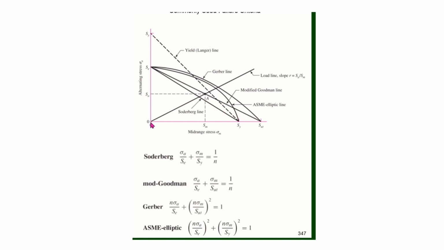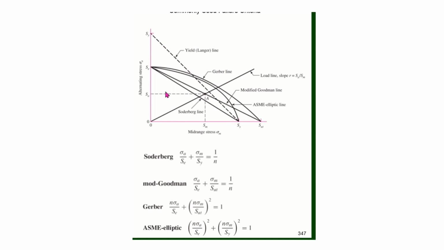So if I had a zero mean stress and it was completely alternating, the maximum stress that could be before I yielded would be the SY. And the same down here, if I had zero alternating stress, the maximum stress I could have for a mean stress before I yielded would be SY. So this dashed line represents the failure line based on yield.